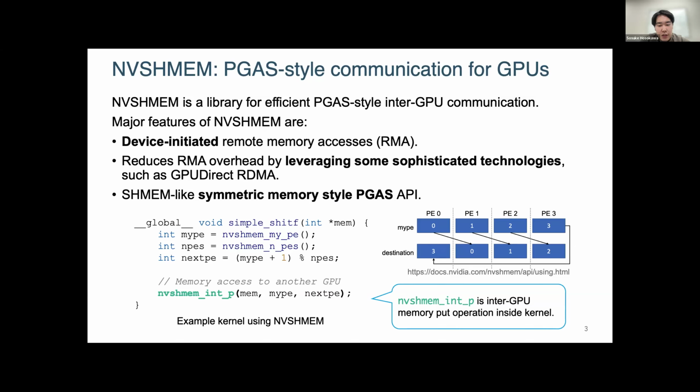Some of its features include device-initiated remote memory access, reduced communication overhead through technologies like GPU direct RDMA, and a symmetric memory style PGAS API, similar to SHMEM, which the NVSHMEM's name comes from. So NVSHMEM essentially allows GPUs to directly perform one-sided operations like put and get from inside a GPU kernel.